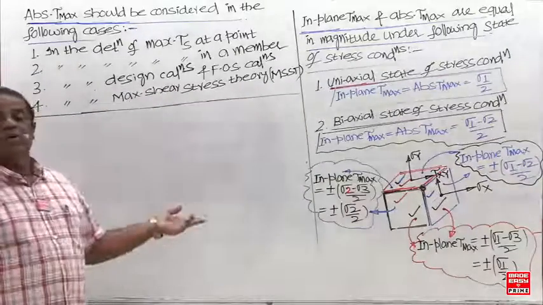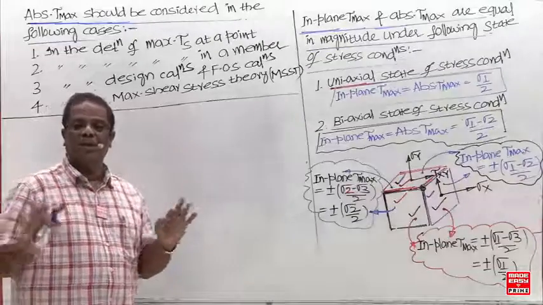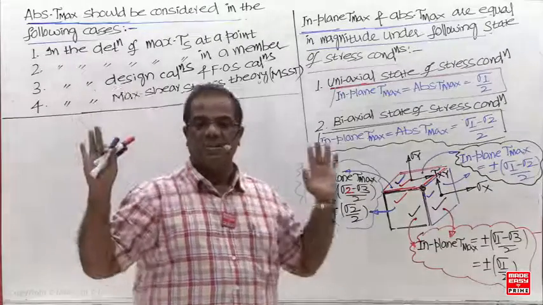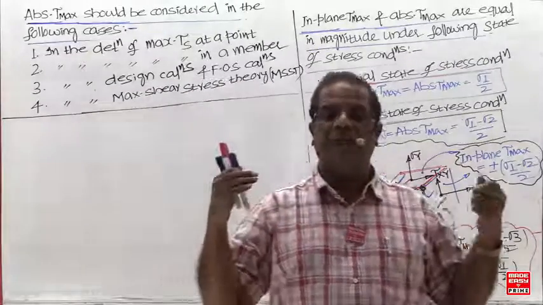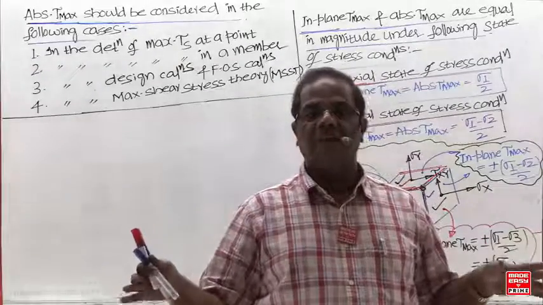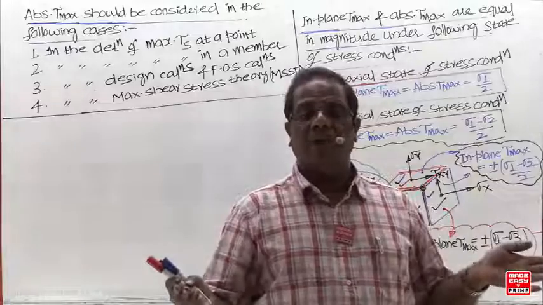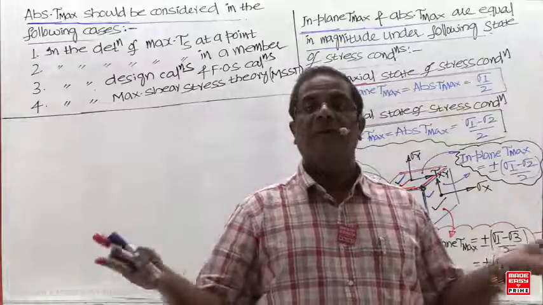So then when should I go for in-plane? Either they will clearly mention in-plane, otherwise simply they will ask: find out the maximum shear stress. They will not mention at a point or in a member or design calculation. Simply sigma 1 and sigma 2 are given. Determine the maximum shear stress.